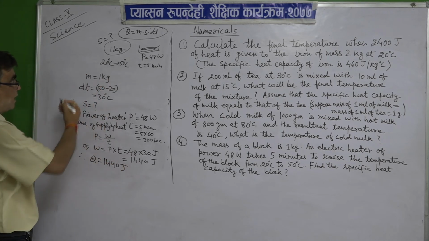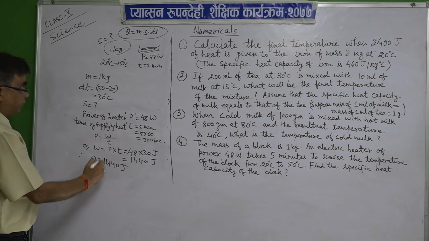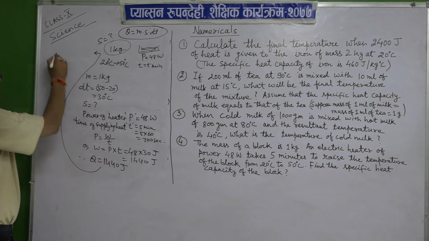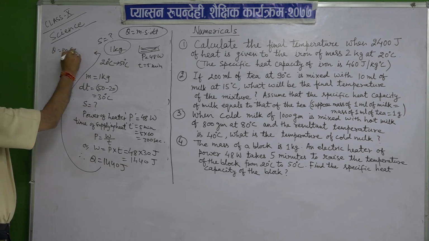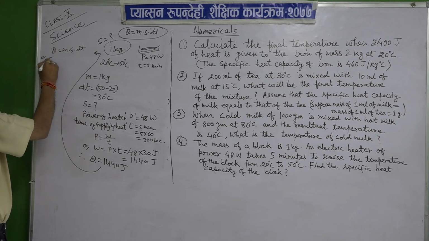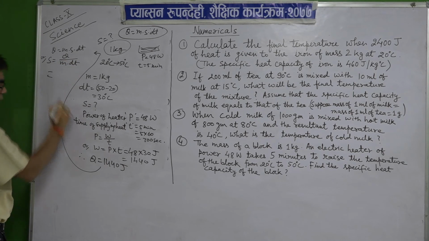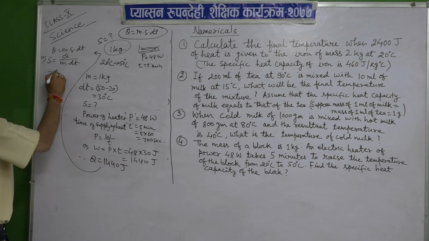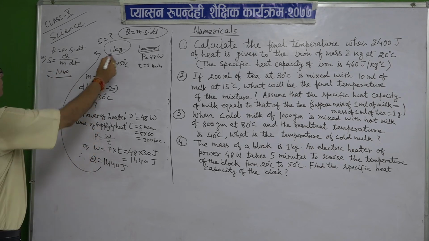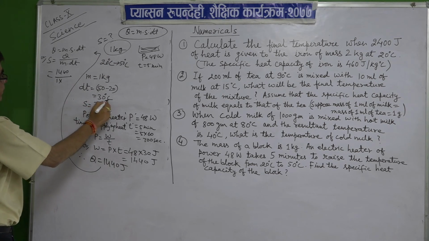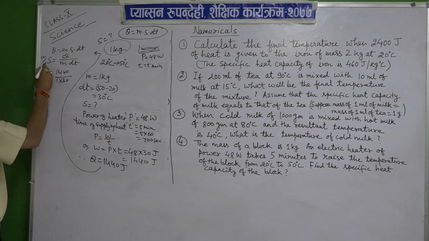Now easily we can calculate what is S. So we know that Q equals M into S into dt, or S equals Q upon M into dt. What is Q? 1440 upon what is M? M is 1, and what is dt? dt is 30.